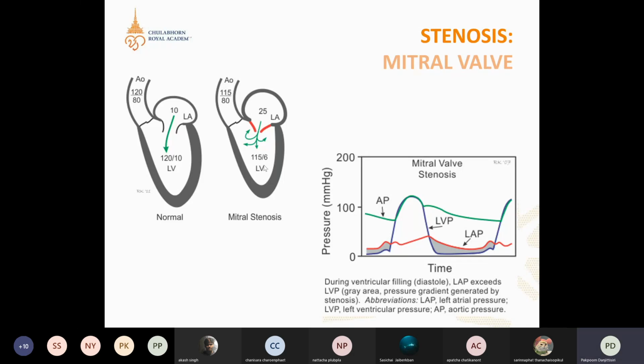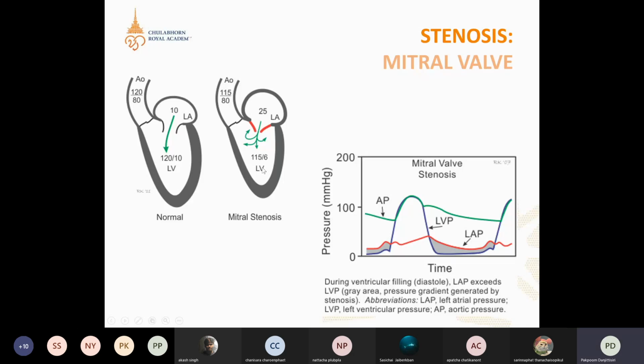I mean, the mitral valve stenosis will reduce the volume in the left ventricle during the diastole. So the pressure is lesser than normal, from 10 to 6, just like this.